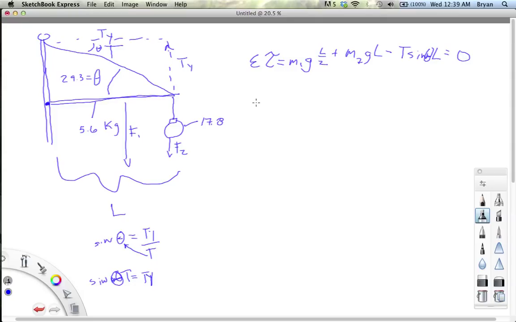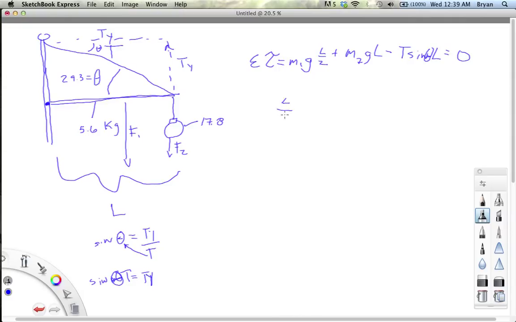Alright, so the next part of this is essentially just factoring out. We know it equals 0, it's sitting still. So what we can do is factor out all the L's.